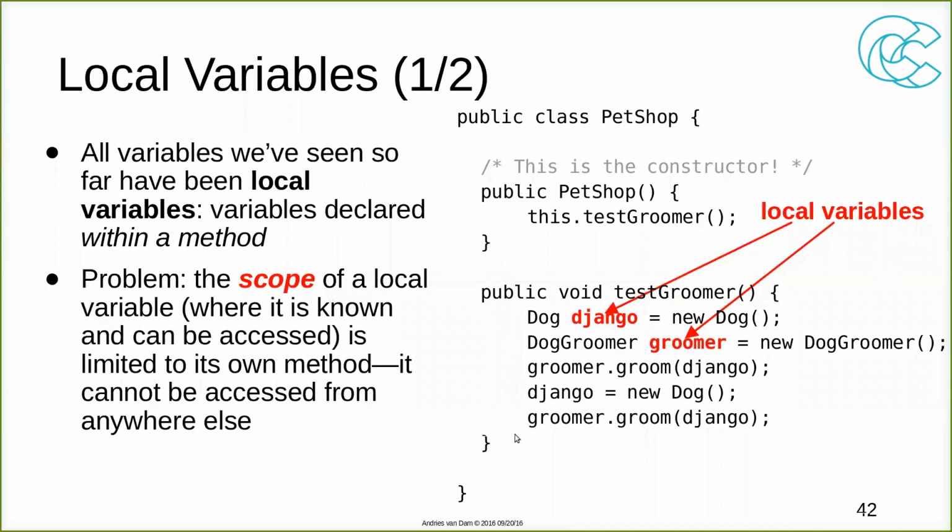Once you go beyond this method or outside of this method, you can no longer refer to Django or Groomer. So the block of code in which it can be accessed is just the test Groomer method. It starts from here and it ends here. And once you come out of this method, you can no longer refer to Django or Groomer.